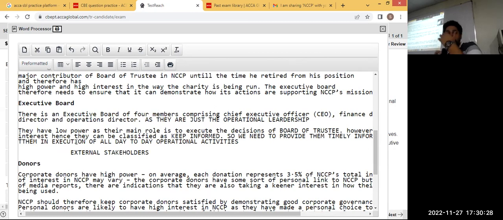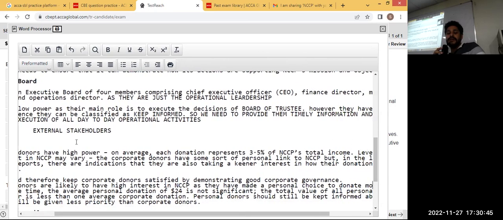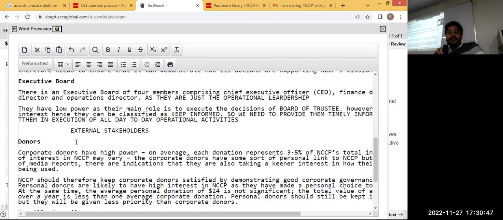Why? Because they have high power and low interest. By demonstrating good corporate governance, personal donors are likely to have high interest in NCCP, as they have made a personal choice to donate money. At the same time, the average personal donation of $24 is not significant.